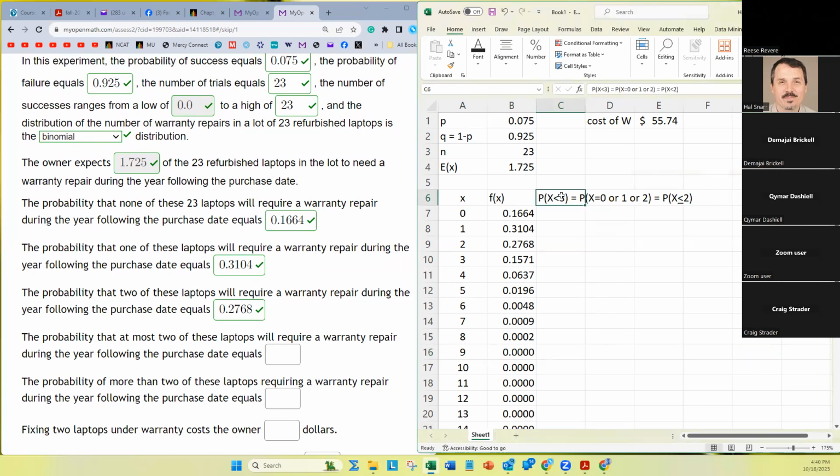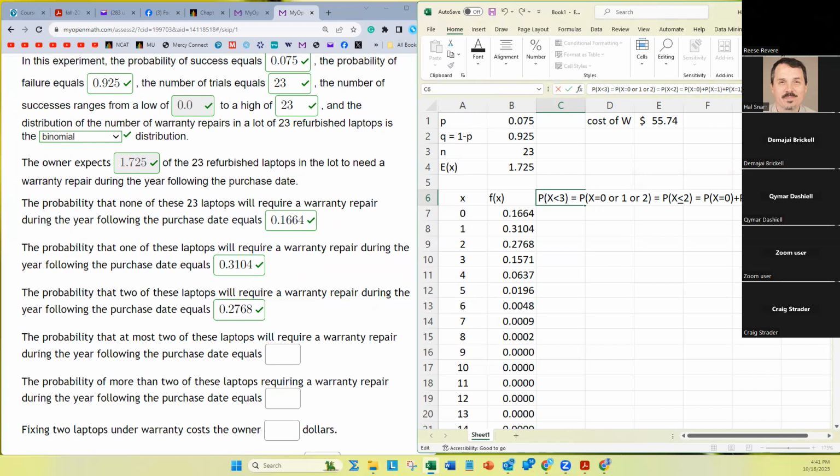I could also write it as the probability of x equal to 0 plus the probability of x equal to 1 plus the probability of x equal to 2. All those three things mean the same thing, right?